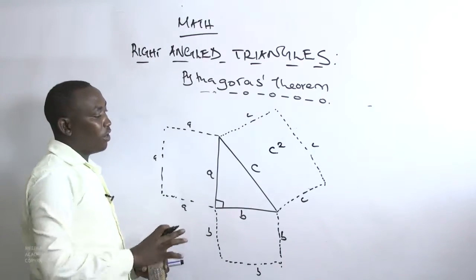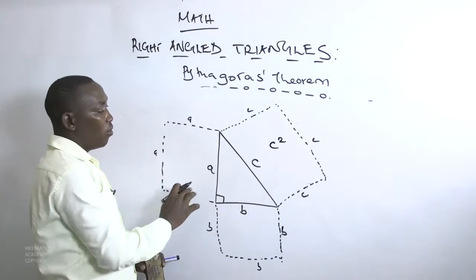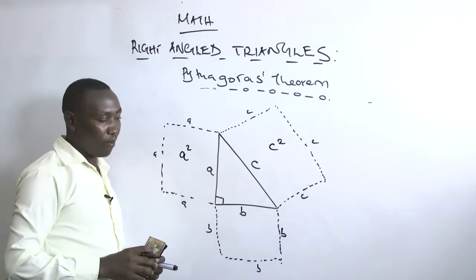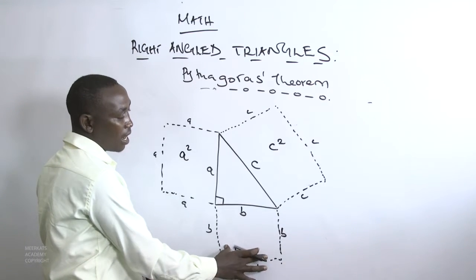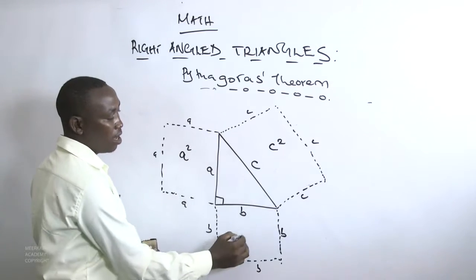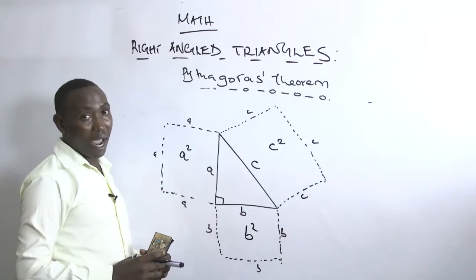The area of this other square will be A multiplied by A, which is A squared. And the area of this lower square will be B multiplied by B, which is B squared.